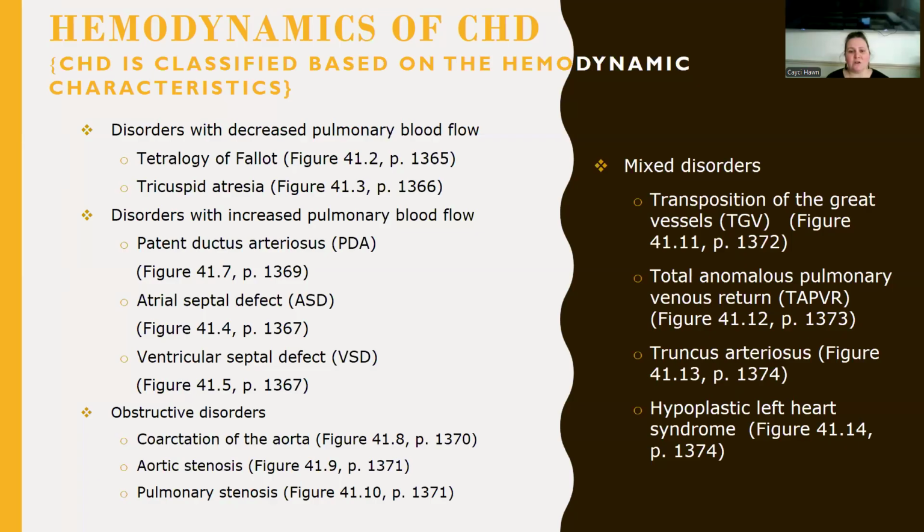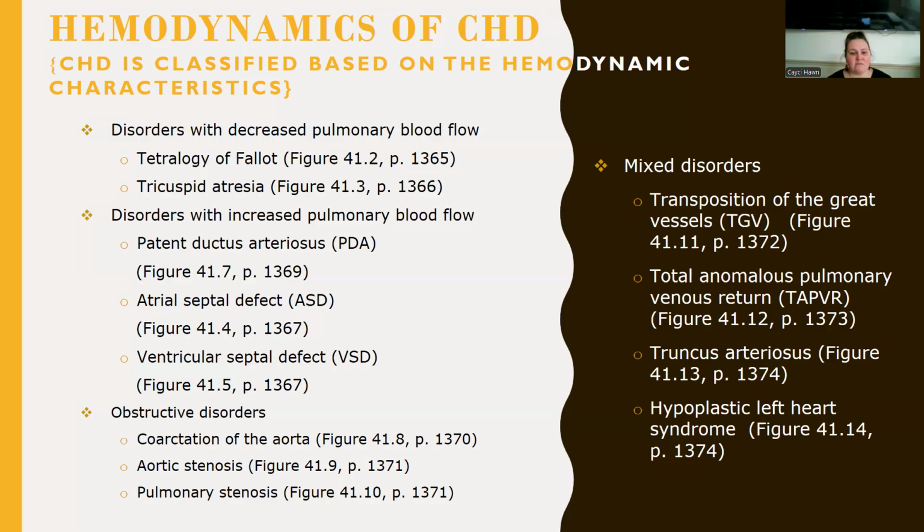Disorders with increased pulmonary blood flow. These kiddos are not necessarily going to have the cyanosis, but they may have other signs and symptoms. That's your patent ductus arteriosus or PDA, atrial septal defect, ASD, ventricular septal defect, VSD.